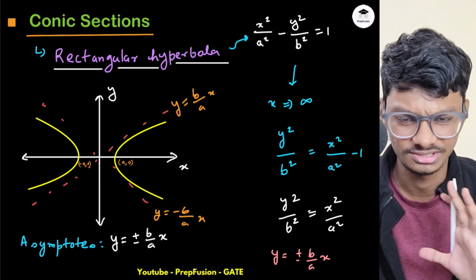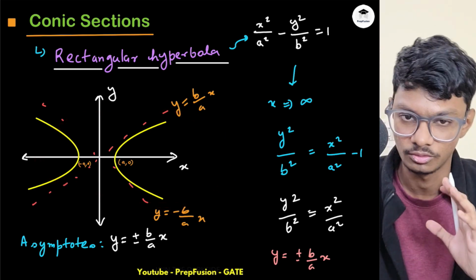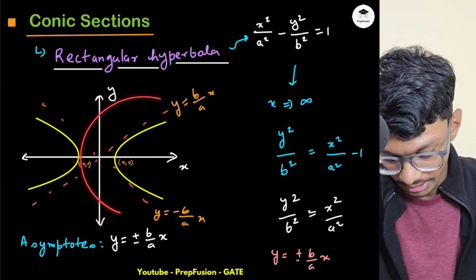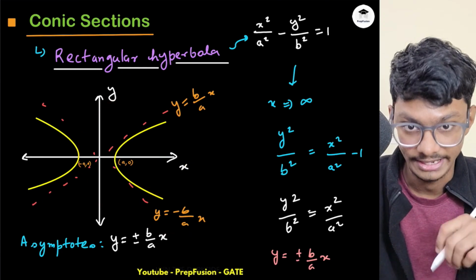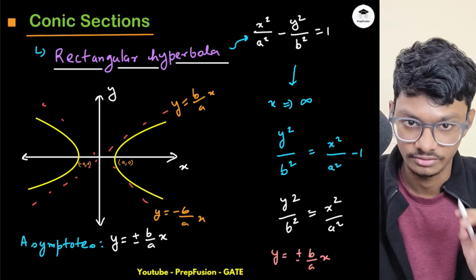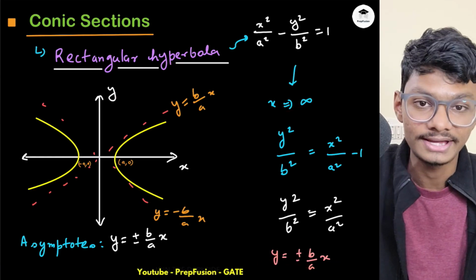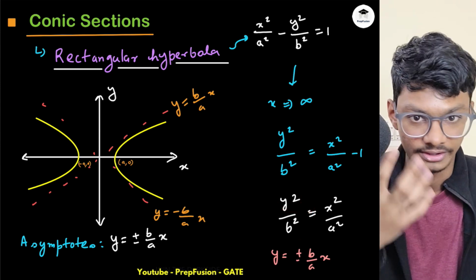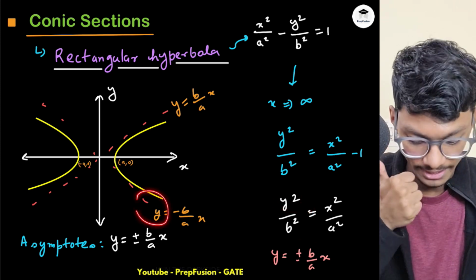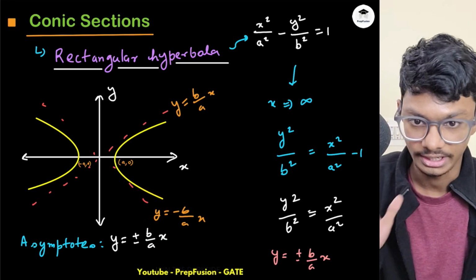I hope you know the basics of slope and differentiation. That is what my slope is, and that is what the equation of asymptotes is. So this is the derivation of asymptotes. You just let x tend to infinity, find the value of y, and from there you will be able to find the equation of the asymptotes. Okay, so that was the derivation.